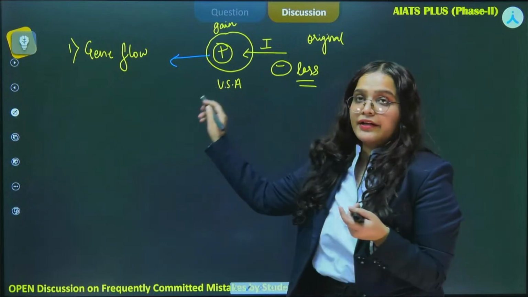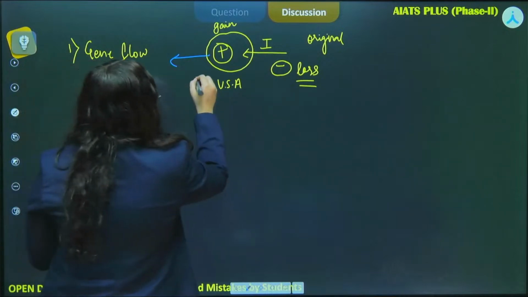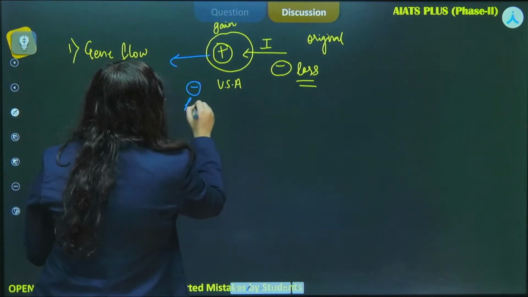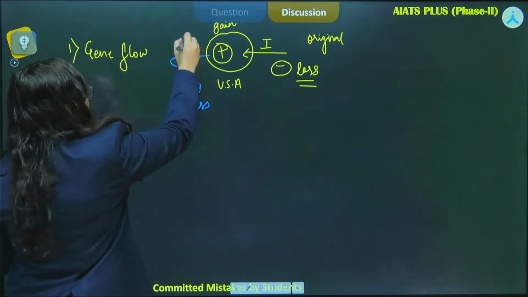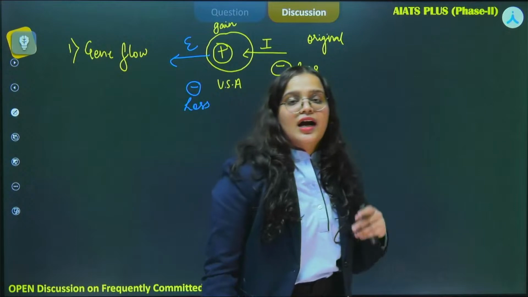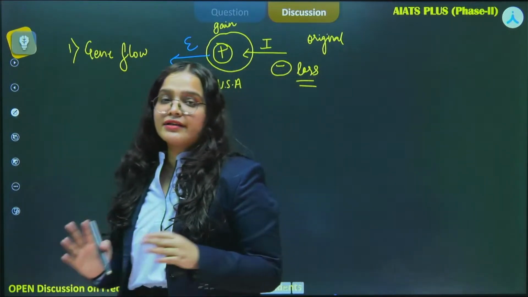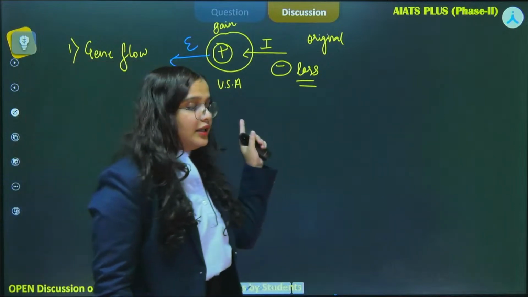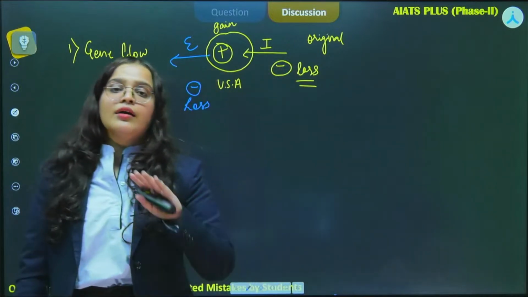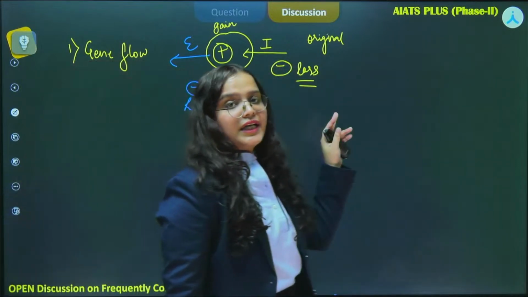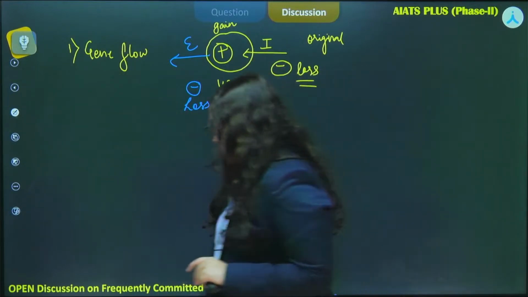For instance, if someone moves out of USA, then USA will experience a loss in gene frequency, whereas the person moving to the other place will experience a gain in that gene frequency. So we can see that if there is this gene flow, then the population is not going to follow the Hardy-Weinberg equilibrium, because there is constant change in the gene pool of that population.